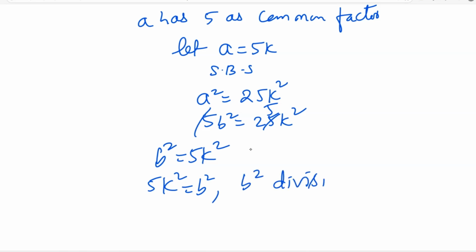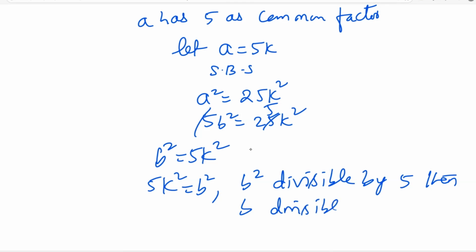If b square is divisible by 5, then b is also divisible by 5. Therefore b has 5 as a common factor.